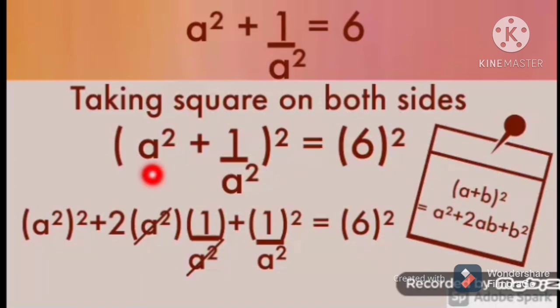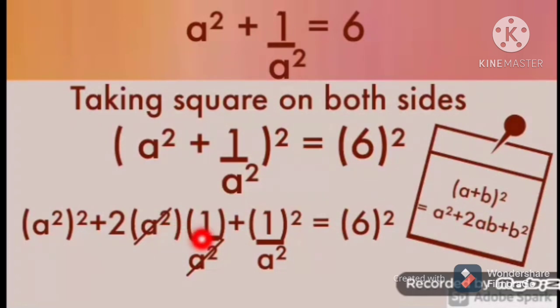Here the value of a is a square, the value of b is 1 by a square. So after opening the square, the first term will be a square, which means the square of a square. The third term will be b square, which means 1 by a square whole square. The middle term will be plus 2ab.